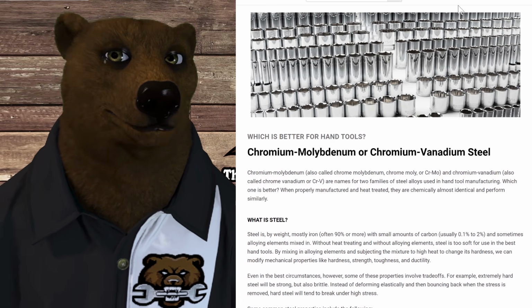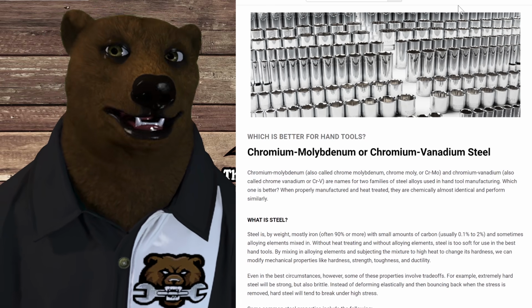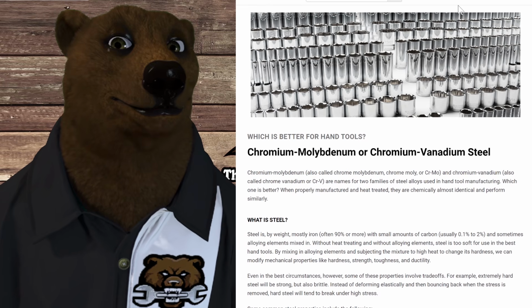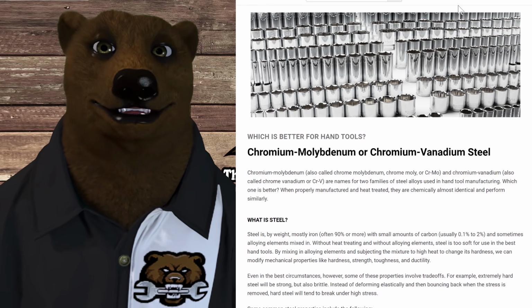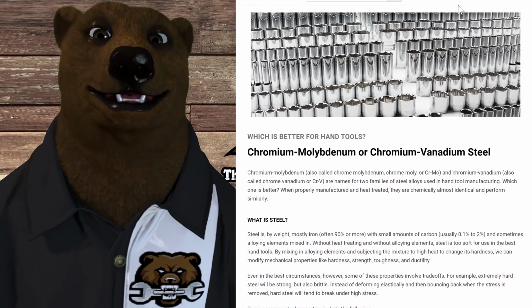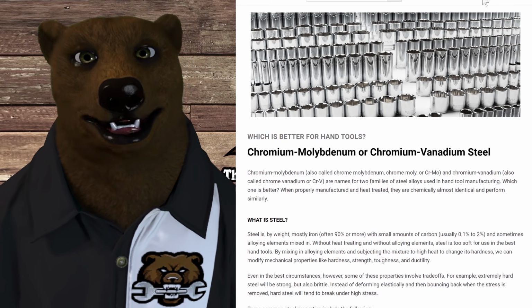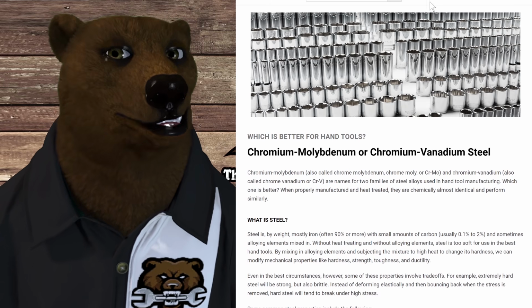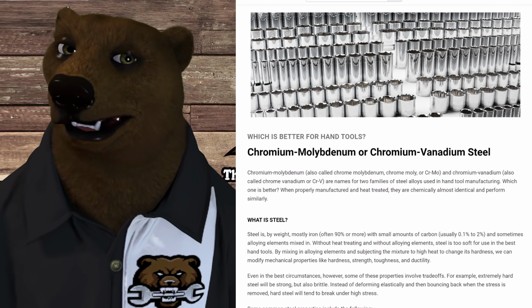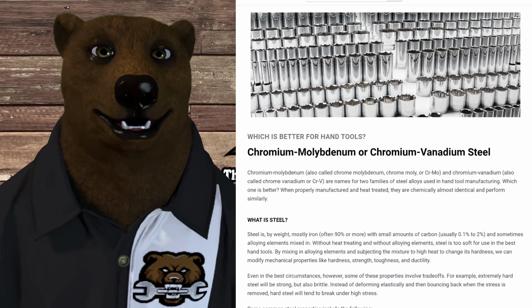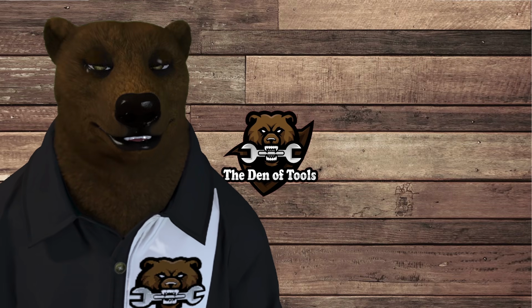There are chrome mollies that rate harder on the hardness scale than some chrome vanadiums. It's true. It's all in the recipe, okay? So you can't really write them off entirely just because they're chrome moly or just because they're chrome vanadium. You've got to take a look at it. You've got to be sure what you're using and why you're using it.